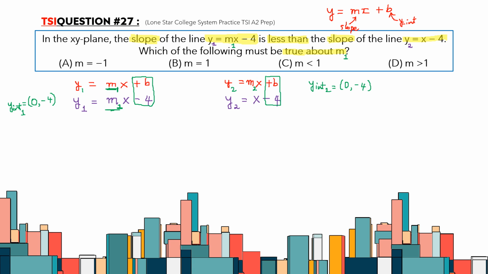Now we see that m1 is the slope of line 1, so m1 is equal to m in this case.